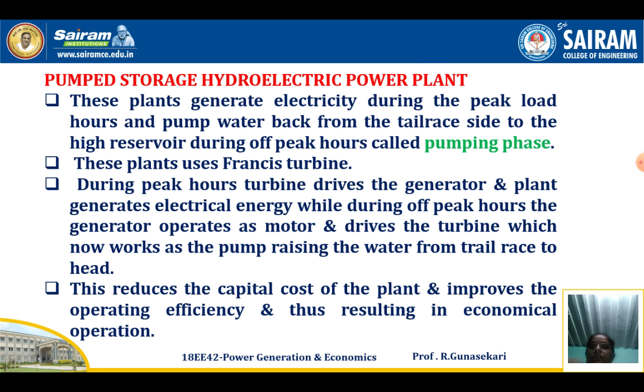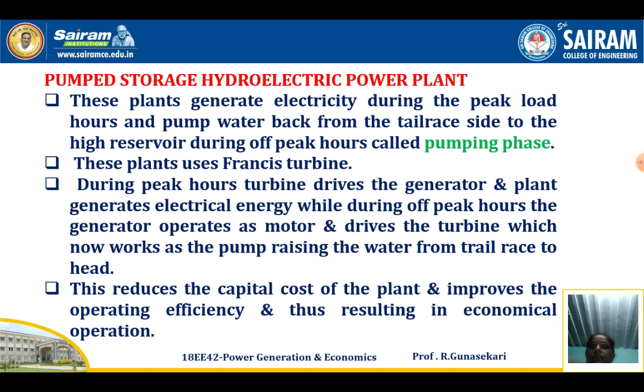Now we study in detail the function of the pumped storage hydroelectric power plant. These power plants generate electricity during the peak load hours and pump water back from the tail race, that is the lower reservoir side, to the upper reservoir during off-peak hours, called the pumping phase. These power plants use a Francis turbine.